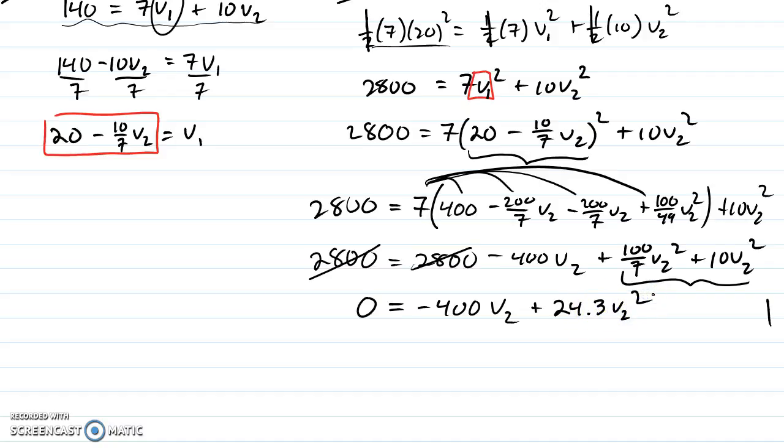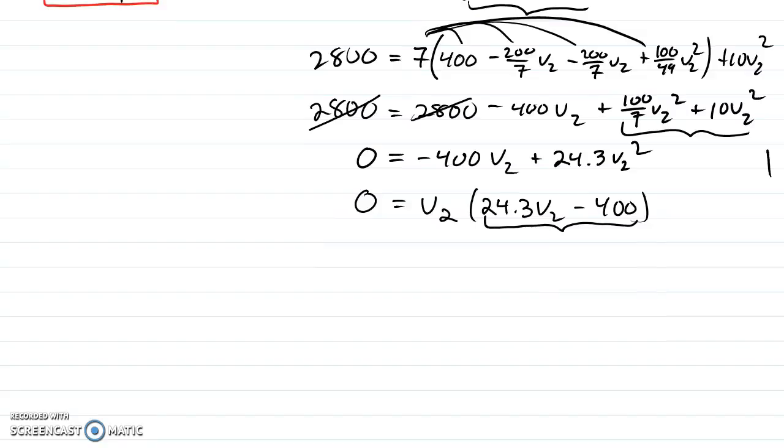Alright, and like usual, I'll factor out a v2, and swap the sides here. 24.3 v2 minus 400 is all in the parentheses. If I set this equal to 0, I could solve and get my velocity 2. So it's been a long road.